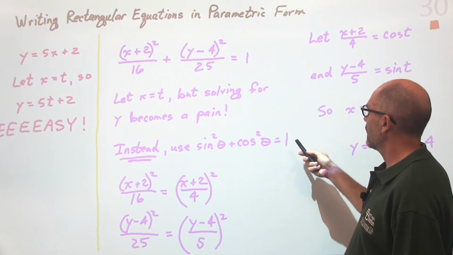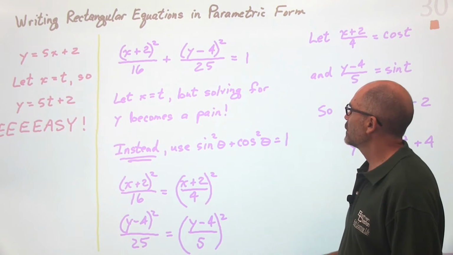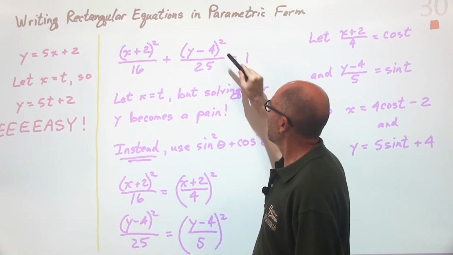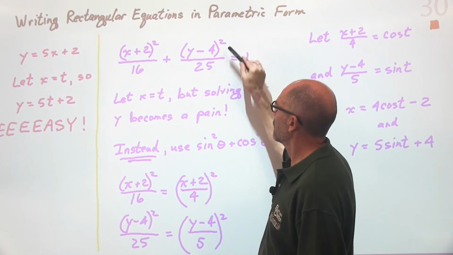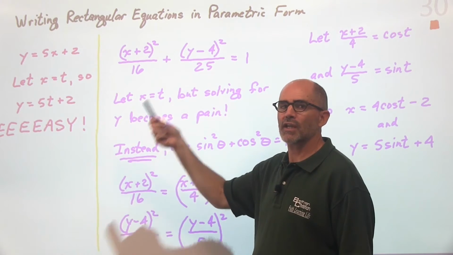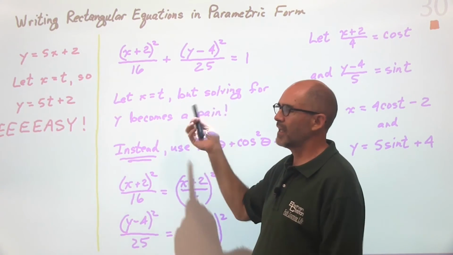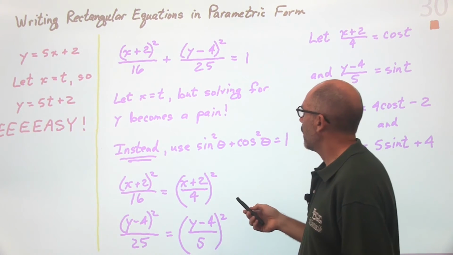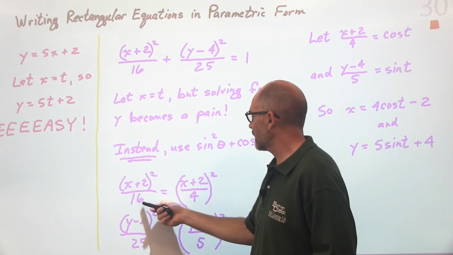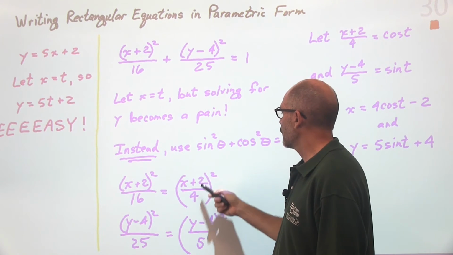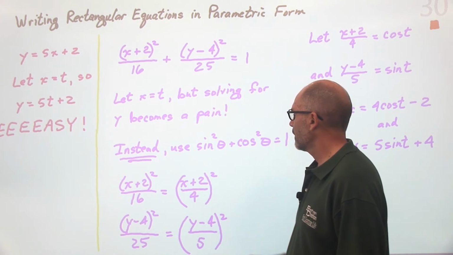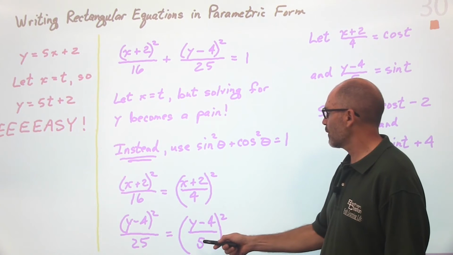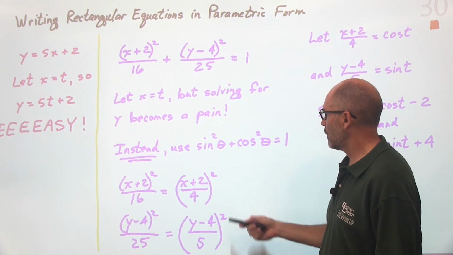Sine squared plus cosine squared equals 1. What we're going to try to do is make this first thing just one chunk squared. Make this second thing a single chunk squared, and then make the first chunk cosine and the second chunk sine. So, now here we have x plus 2 squared over 16. We're going to make this x plus 2 over 4 all squared. And the y minus 4 squared over 25 becomes y minus 4 over 5 all squared.